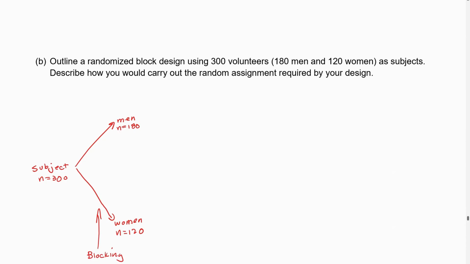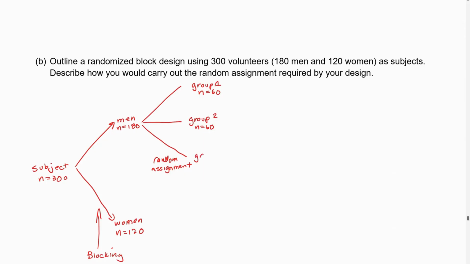All right, now what do we do? We're going to take the men and break them into 3 separate groups. And this step is called random assignment. And how many go into group 1? That would be a third of them, which would be 60. How many go into group 2? That will be 60 as well.